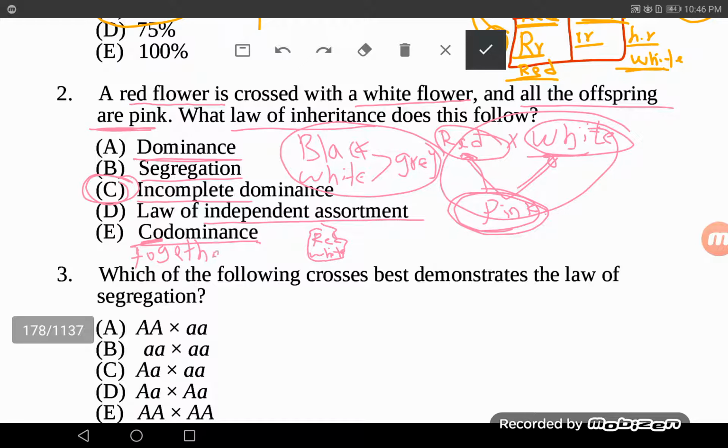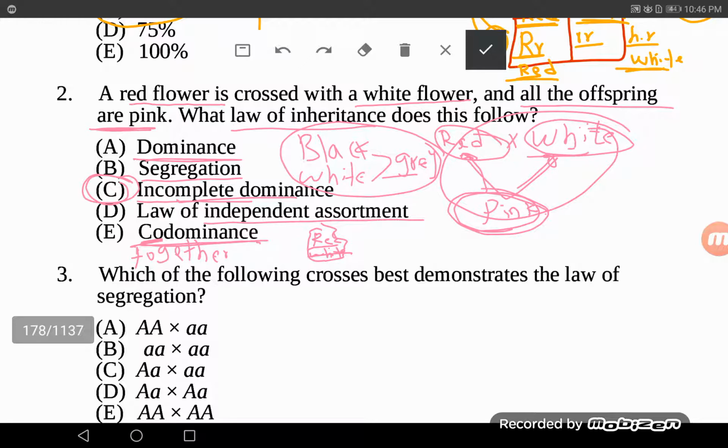So the flower will contain both colors, red and white. But in the case of incomplete dominance, it will be the color between red and white, or between black and white, which is gray. So this is the second question.